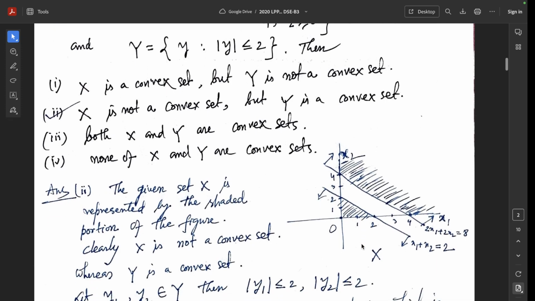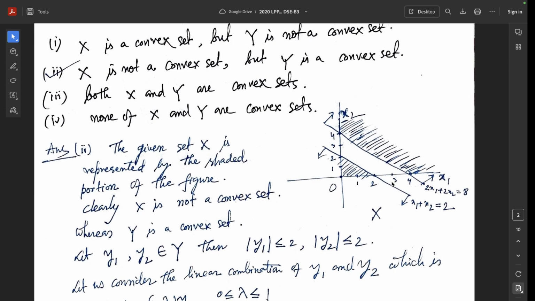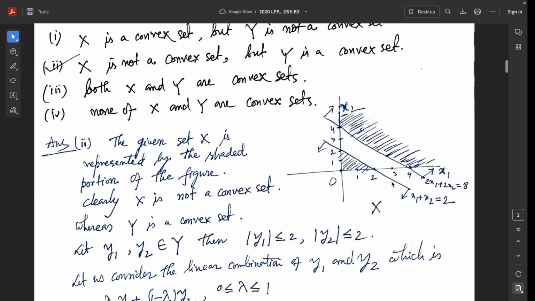The given set X is represented by the shaded portion of the figure. Clearly, capital X is not a convex set, because if we take any two points x1 and x2 and join them, the line segment does not lie on this set. So this is not a convex set.